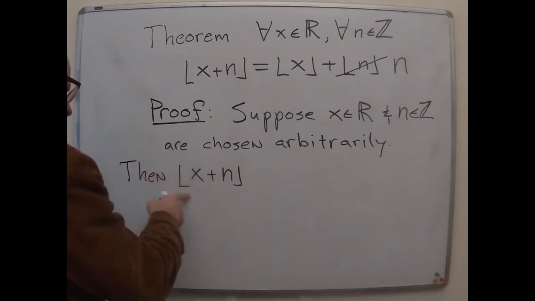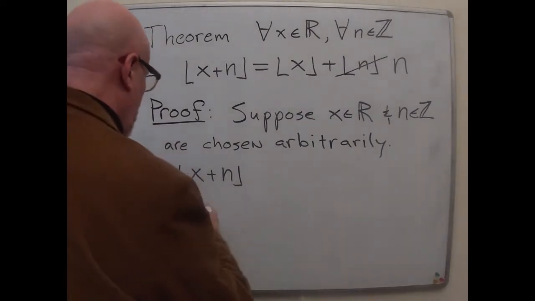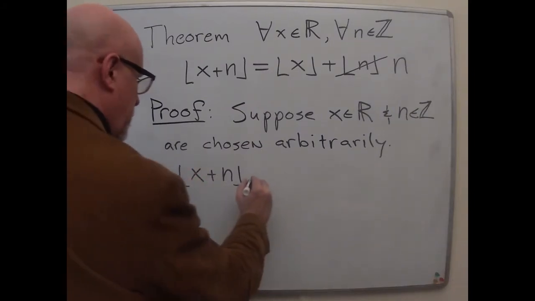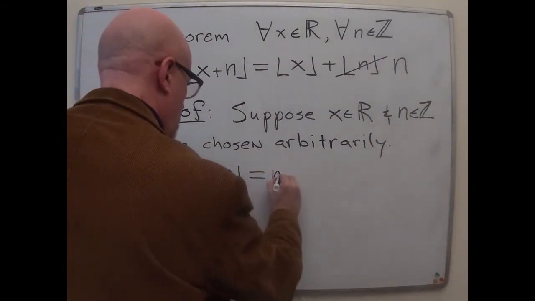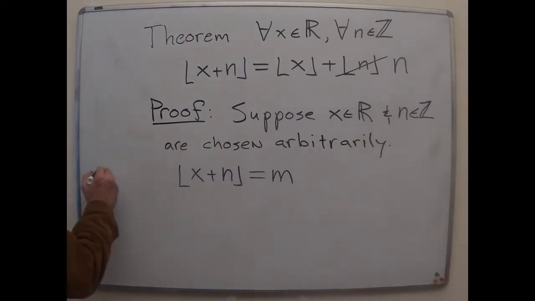Well, what does that mean? What does the floor of x plus n mean? And what shall we call it? We need a number to name this thing. How about this is equal to m, to distinguish it from n? Then is the wrong word to introduce this sentence. But how about suppose?